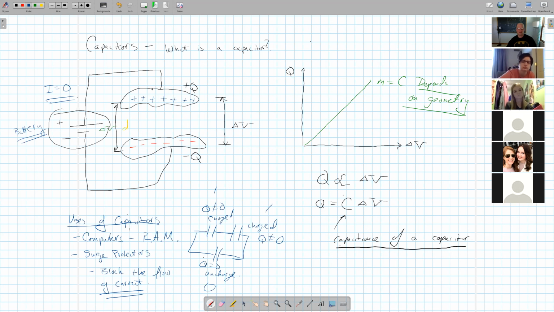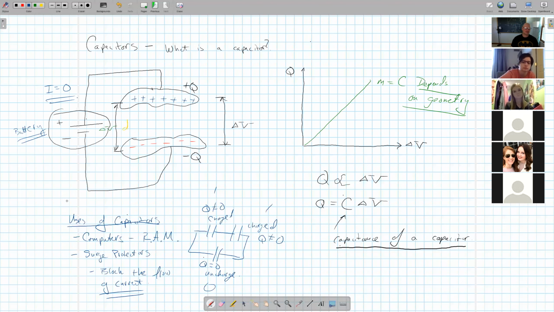If your computer was connected to your house through your power plug, instead of having this huge surge of current due to the huge potential source, which would fry your computer because you'd have way too much power going through it, the surge protector, due to the capacitors inside of your surge strip, would block that flow of current, meaning you wouldn't fry your computer or your cell phone or whatever was connected to your house outlet.